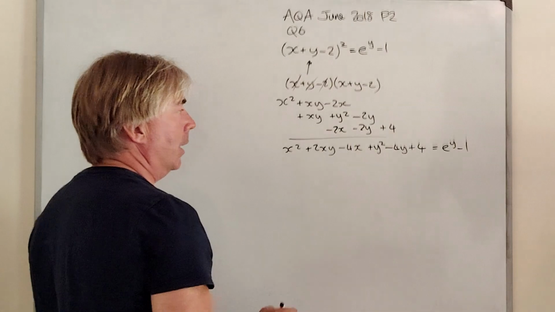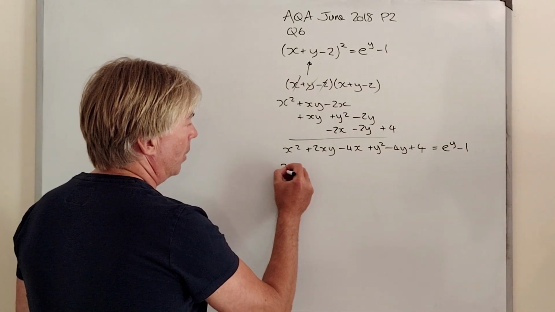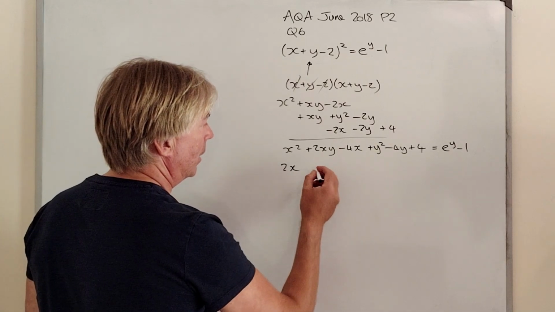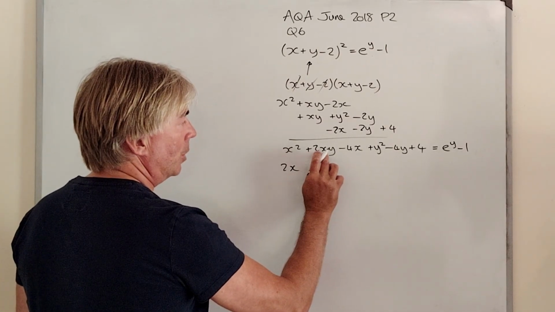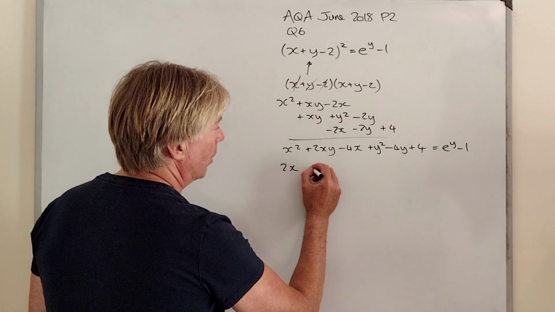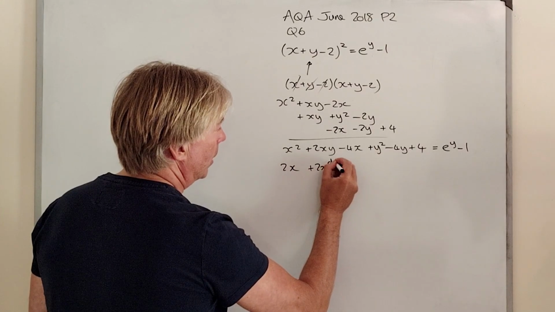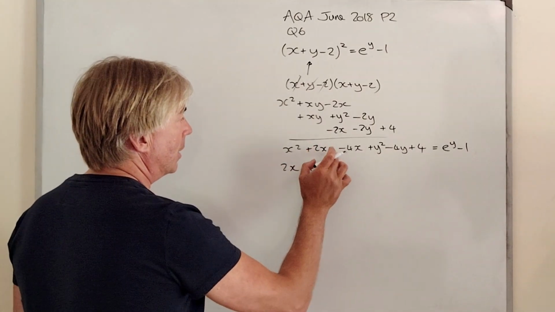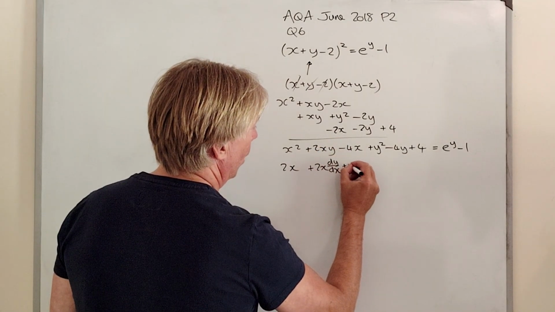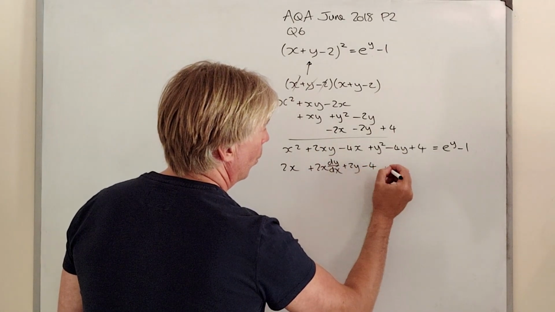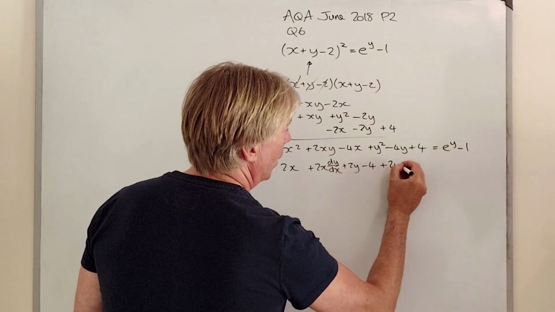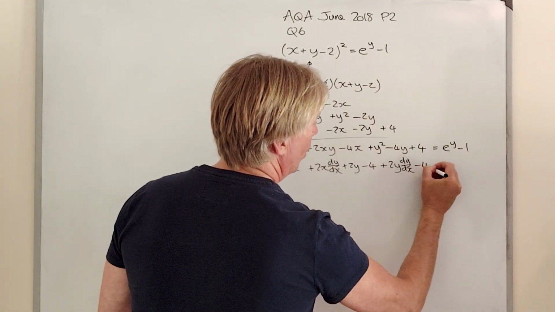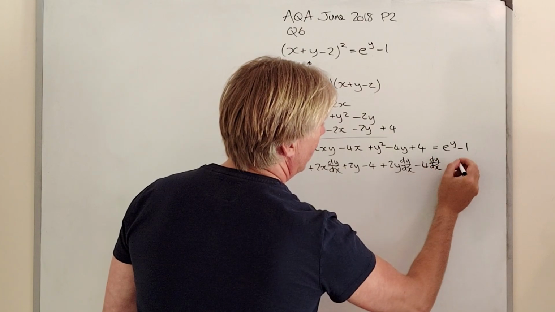There's also a product in there, so this just becomes 2x. Using product rule with implicit differentiation, I'm going to multiply 2x by the derivative of y, so we get plus 2x dy by dx, and then multiply the derivative of 2x by y, so we end up with plus 2y, and then we get minus 4 plus the derivative of y squared, 2y dy by dx, minus 4 dy by dx.